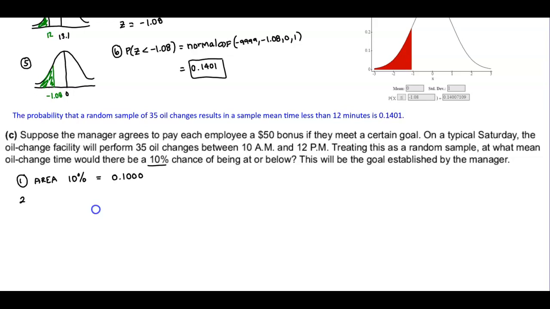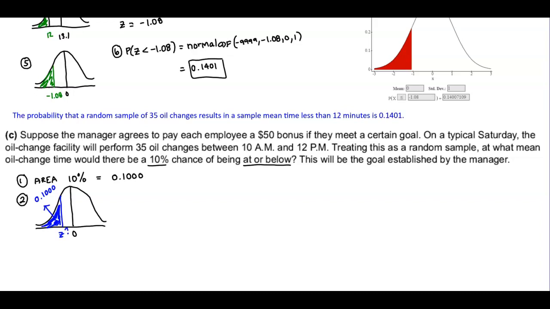It has to be at or below, so we have a mean of 0, and we have an area here at 0.1000.